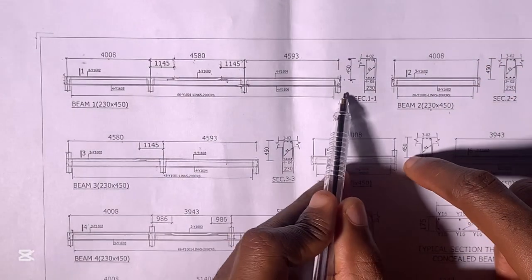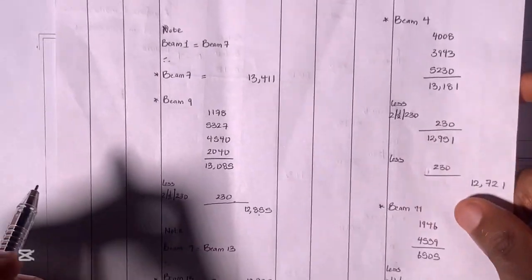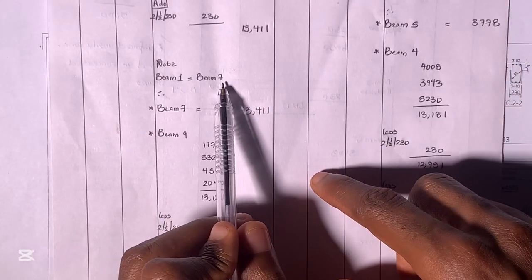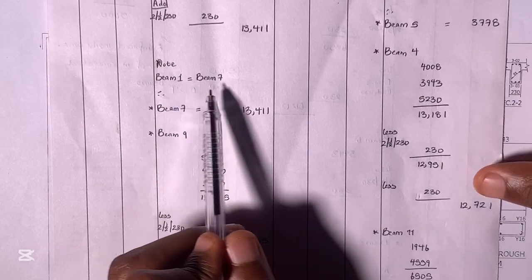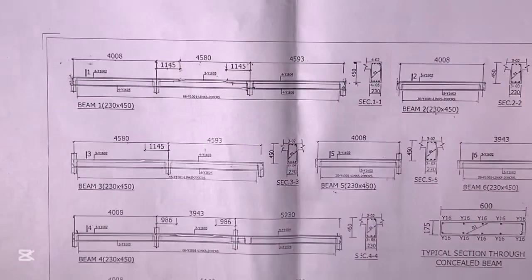Now let us look at this example. Remember, we did beam 1, right? In our previous video, where we did the measurements for the concrete for the beams, we said that beam 1 is equal to beam 7, meaning that the volume of concrete in beam 1 will be the same as in beam 7. Now let us compare and contrast the reinforcement in beam 1 and that of beam 7.